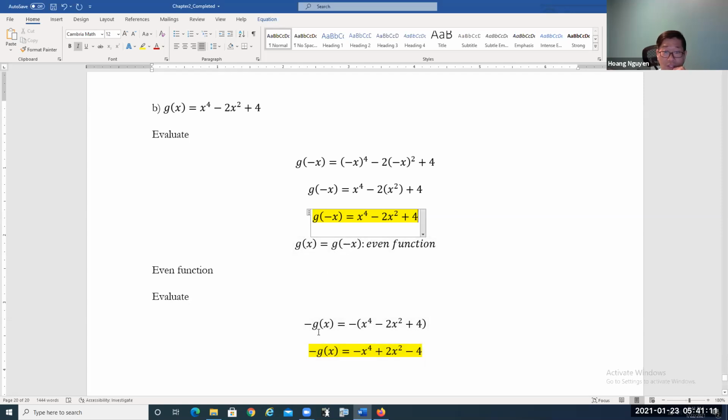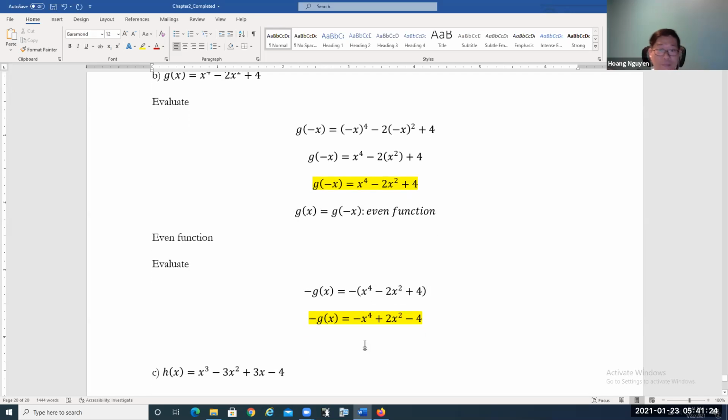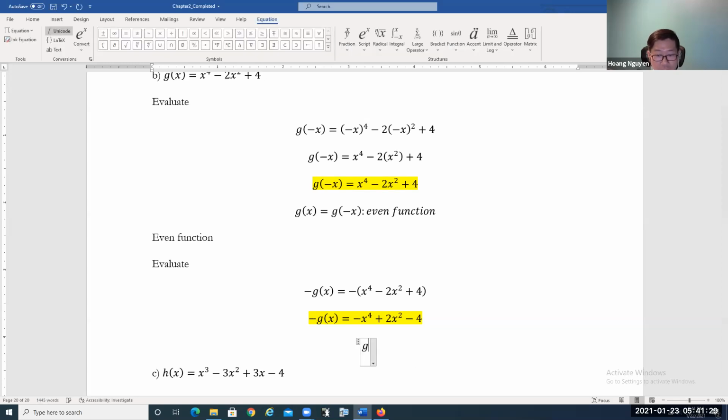They're not matching. So we have g of negative x right here, and we have negative g of x. They're not exactly matching. So we can say that g of negative x is not equal with negative g of x. So this is not odd.